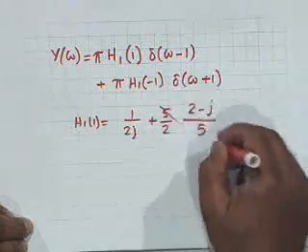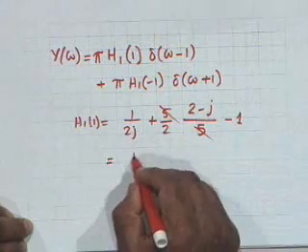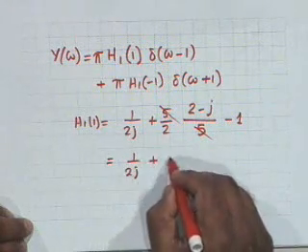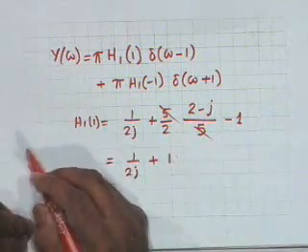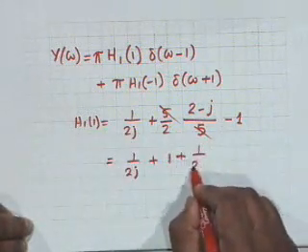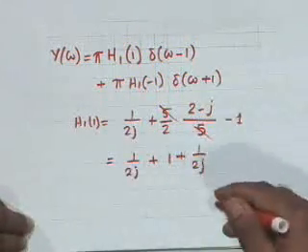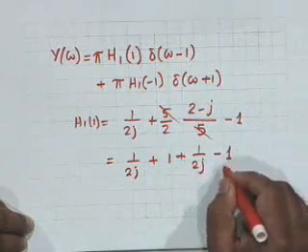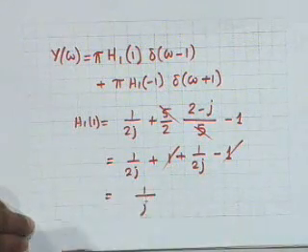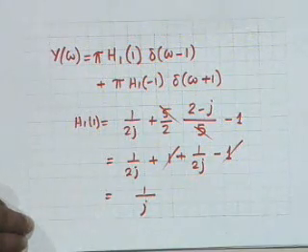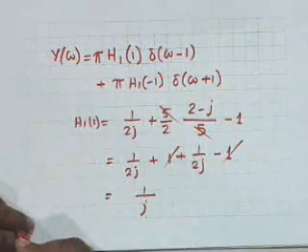This should have been obvious, so 5 and 5 cancel, and minus 1, and therefore this is 1 over 2j plus 1 minus j by 2. I can write this as plus 1 over 2j. Is that okay? Minus j by 2 I can write as 1 over 2j minus 1, and you see that 1 and 1 cancel, and therefore I simply get 1 over j. Alright. If this trick is exercised, then the problem becomes extremely simple.